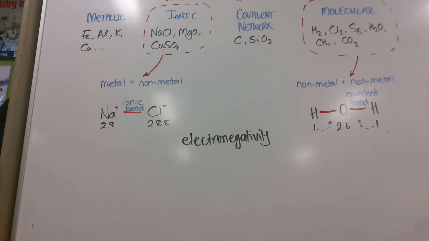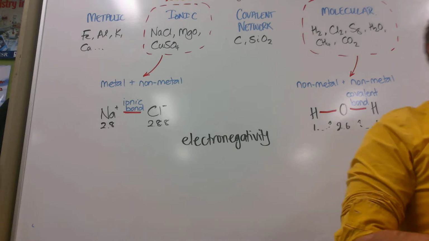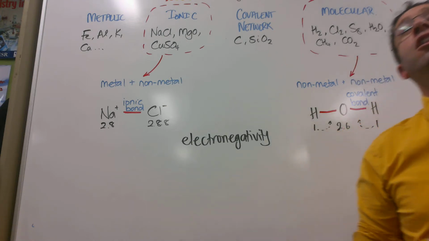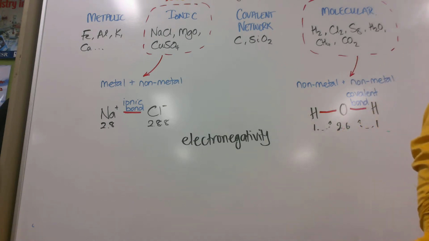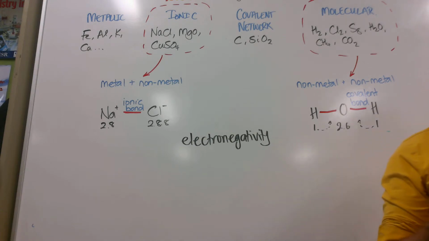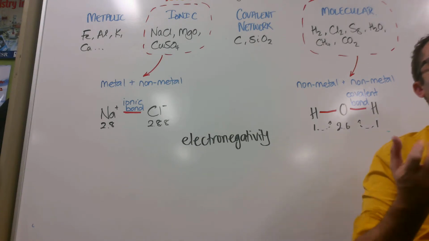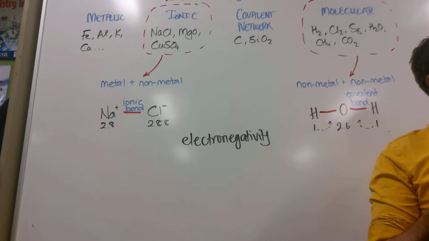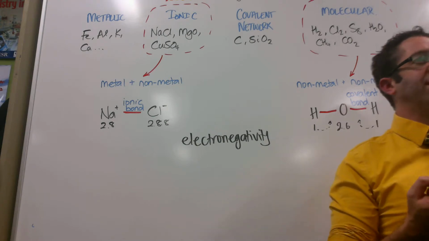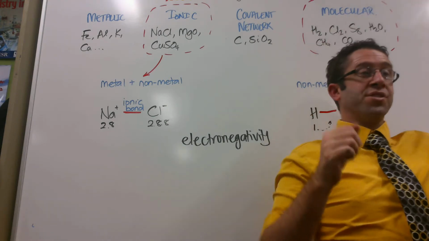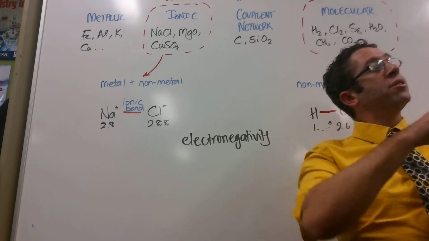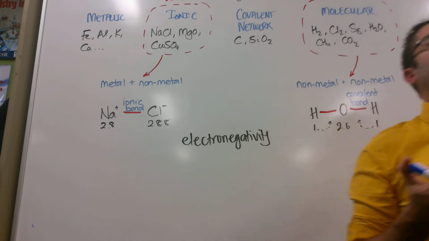Conversely, things like cesium and francium down the bottom left-hand corner of the periodic table have really, really low electronegativities. They actually don't have much of a pull at all. It's around about 0.4, I think. They have very little pull on valence electrons because it's so far away. There are so many electron clouds before the valence ones. It's too far away from the nucleus, and so there's a really weak pull.